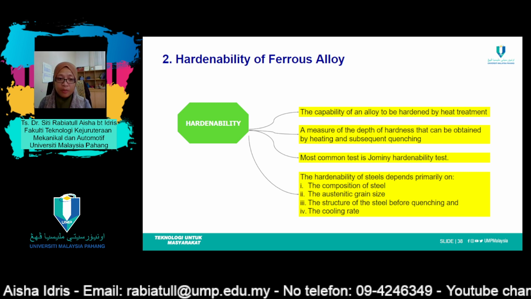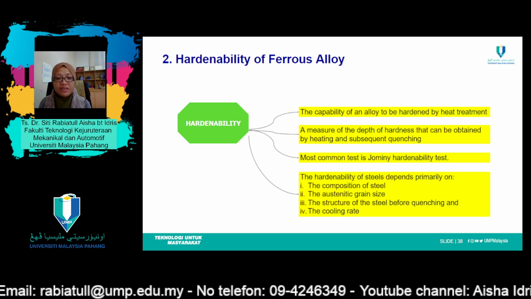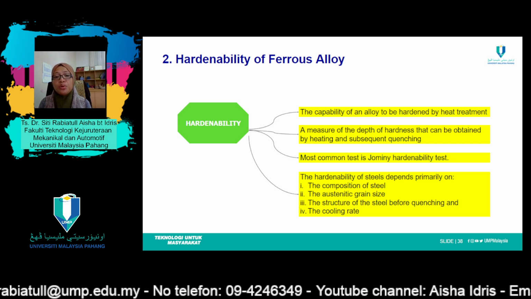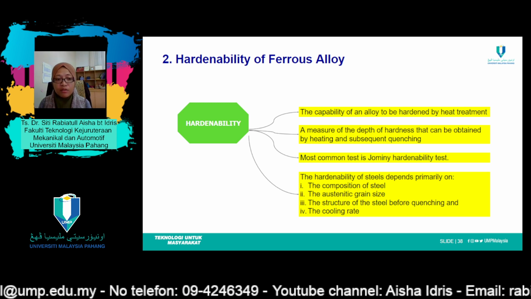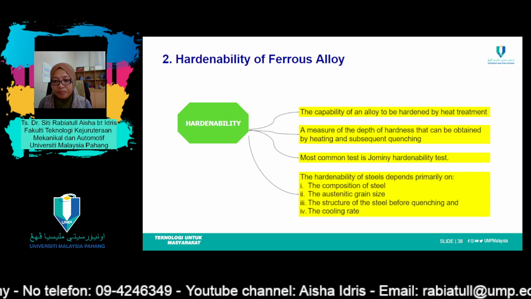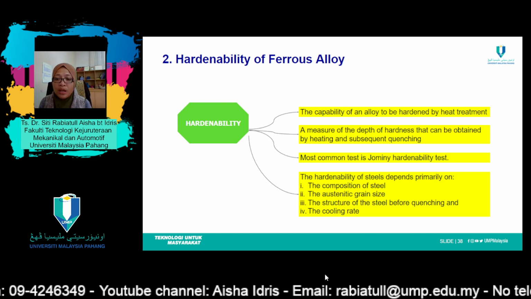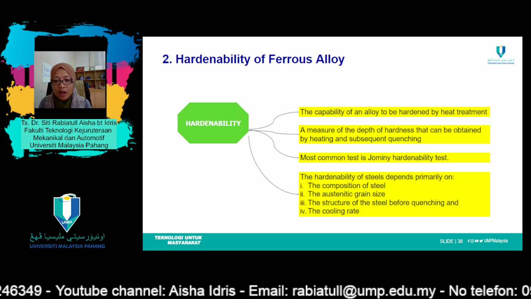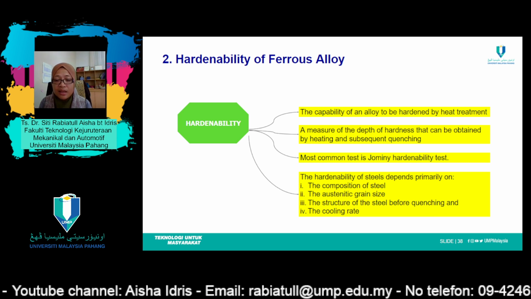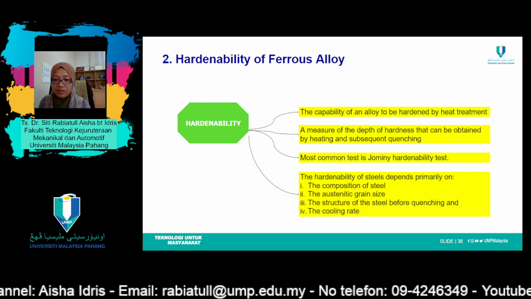It is usually determined by the Jominy end-quench test. In other words, it shows the depth of hardening across an equivalent diameter bar of steel. The hardenability of steel depends primarily on the composition of the steel, austenitic grain size, the structure of the steel before quenching, and the cooling rate.